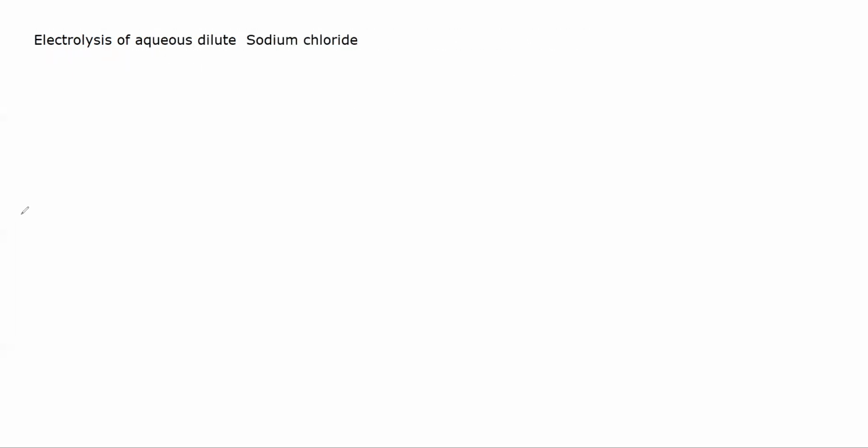So if we have aqueous dilute sodium chloride, it contains sodium chloride, or NaCl, which has sodium ion and chloride ion, and it contains water as well. It means it contains hydrogen ion and hydroxide ion. If we say it's dilute, it means it contains more water and less salt. So there is less chloride ion in this and it contains more hydroxide ion.